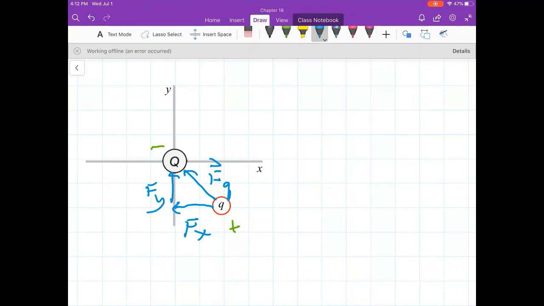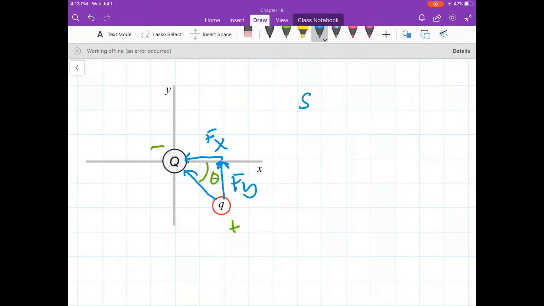There's the Fy. Now what about the angle? Well, let me clean it up a little bit. Here's the angle, theta. It'll be the same as angle theta. Or if you prefer, can draw it differently just for clarity. There's Fy, there's Fx, because it's attractive.